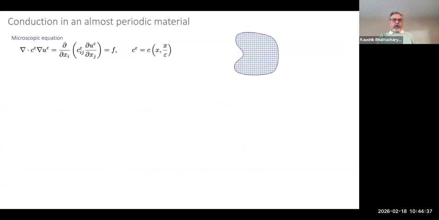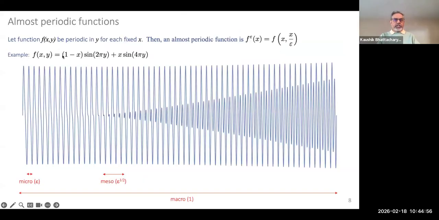Let me launch in. I think Karthik already covered this, so I'm going to quickly recap. Suppose I have what is called an almost periodic material. That's a generalization of periodic. You can think of some function like this, where if I look very closely on the small scale, it looks periodic.